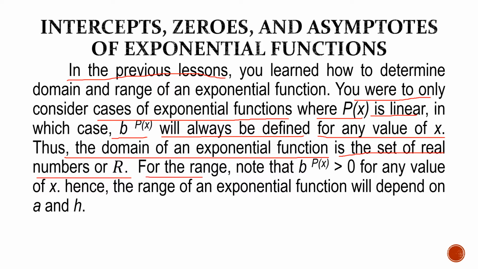For the range, note that b raised to p of x is greater than 0 for any value of x. Hence, the range of an exponential function will depend on a and h. The behavior of your range will always be dependent on the values of h and a.